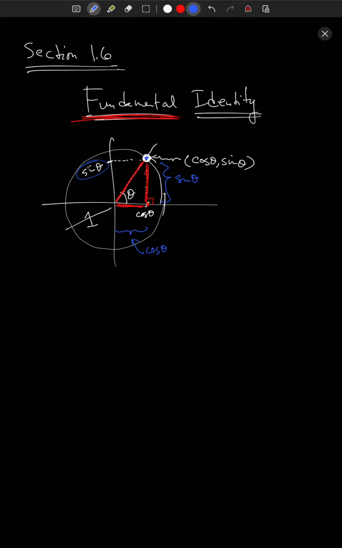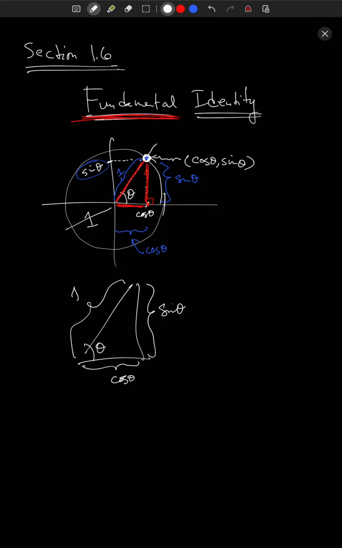We know this circle is radius 1, and so I know this hypotenuse is 1. Let me draw the whole thing down here because that might be a little messy. So my picture is, here's theta. This length is cos theta. That length is sine theta. This length is 1.